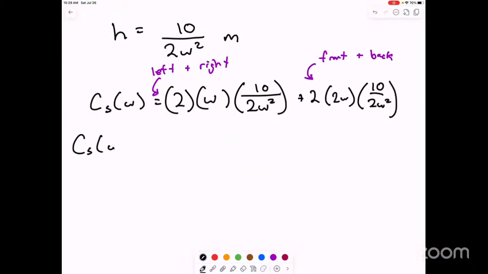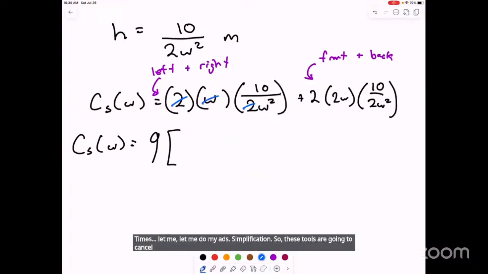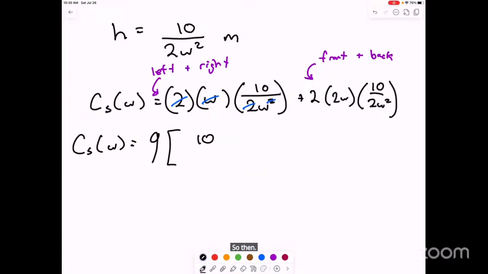Cost of the side in terms of W is going to be 9 times, let me do my simplification. So these 2's are going to cancel. This cancels one of those, so we're left with the 10 over W there. This 2 can cancel that 2.